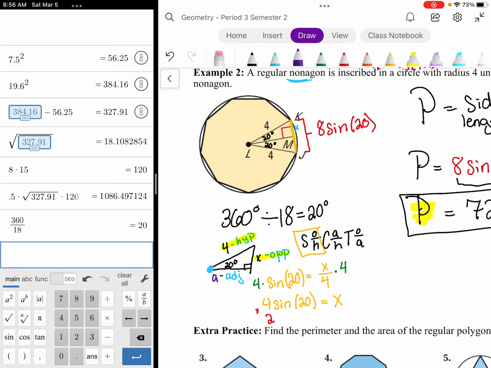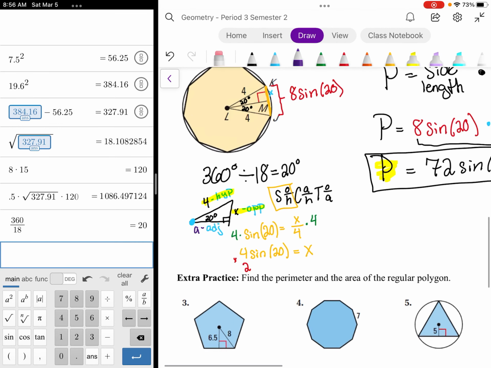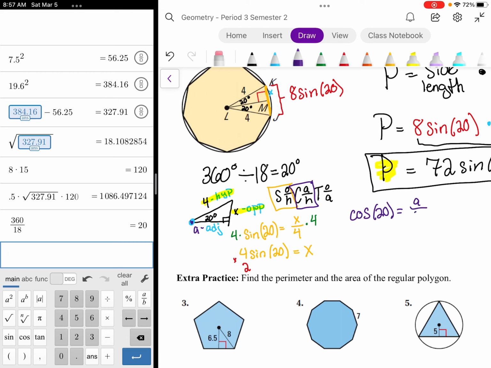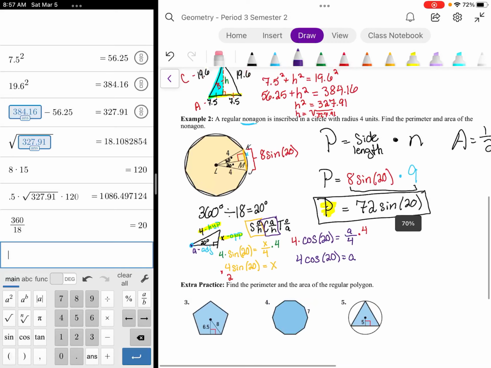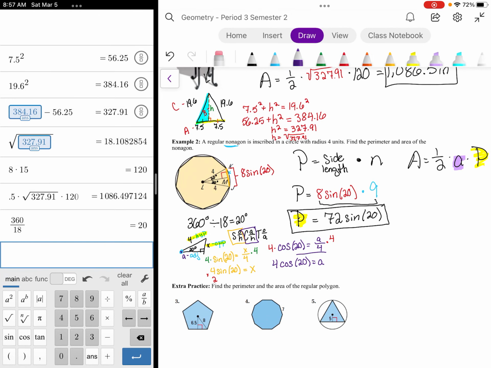So we're going to set up a second equation using SOHCAHTOA, and this time we're using the adjacent and the hypotenuse, so we're going to use cosine of 20 degrees equals a over 4. And again, we want to get our variable by itself, so we're going to multiply by the denominator, and we're going to have 4 cosine of 20 is equal to the length of our apothem. And again, because we want an exact answer, we're going to leave our work like this until we type it into our equation.